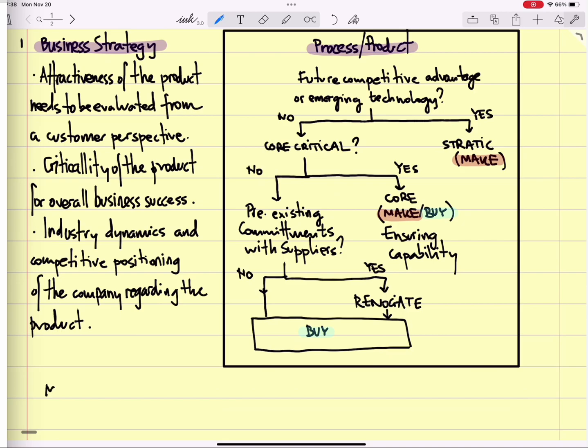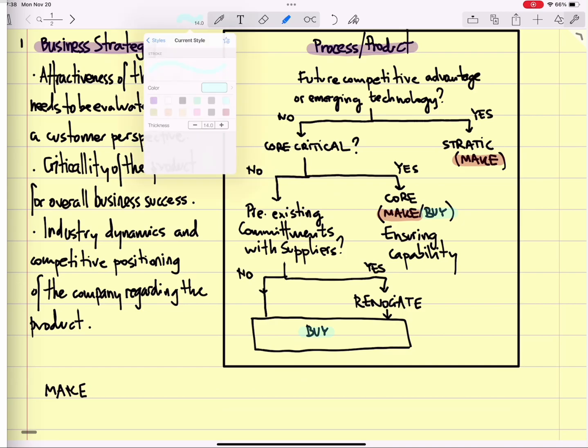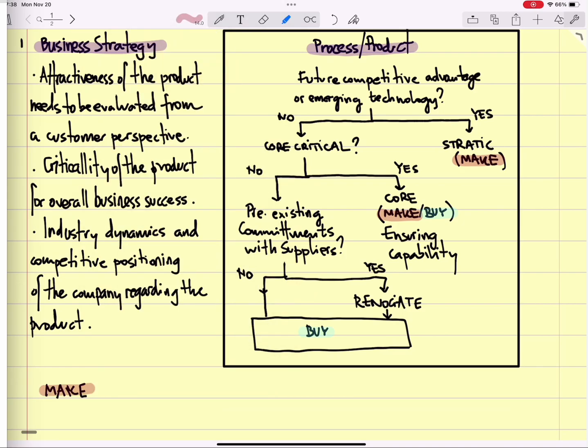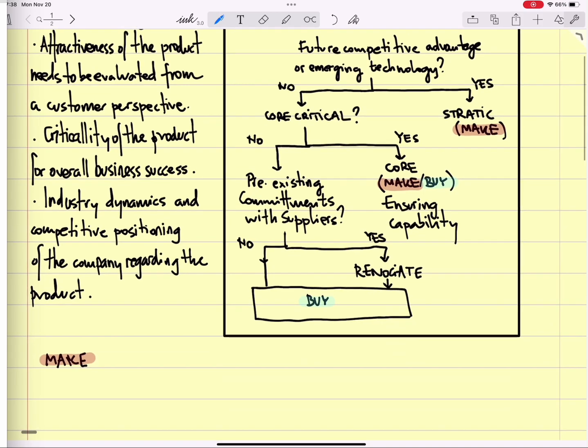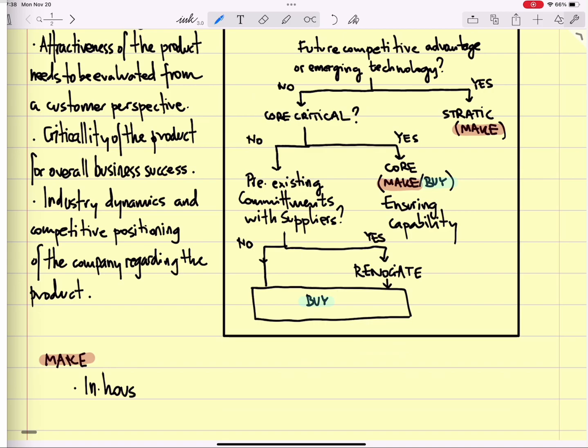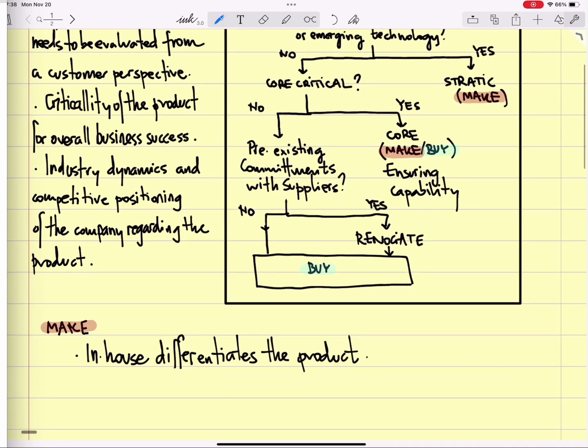If you decide to make, what is important here from a strategic perspective is to take into consideration that in-house production differentiates the product, always from a customer perspective, okay?